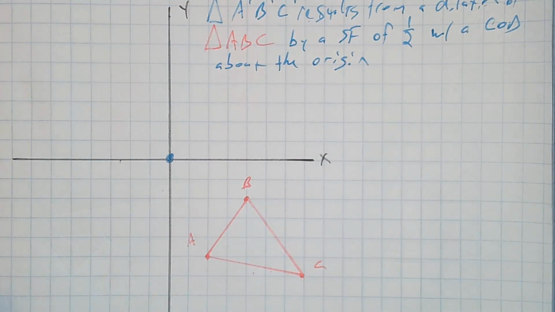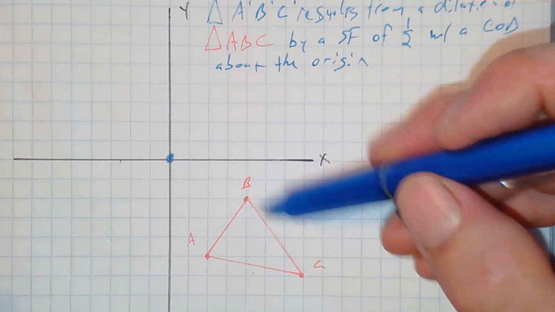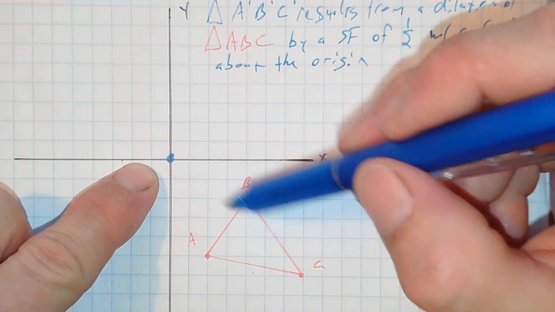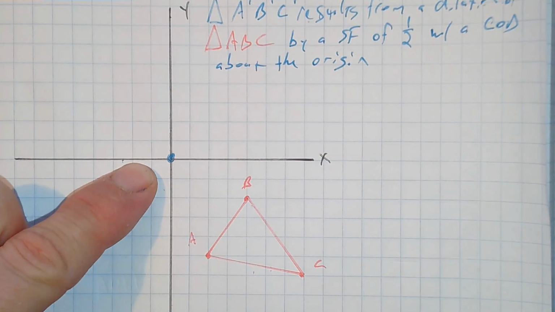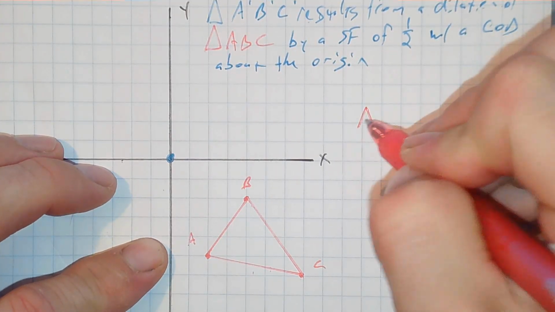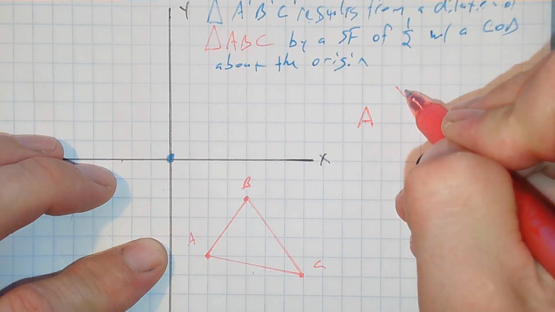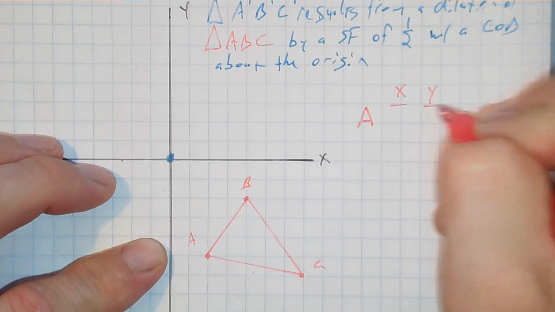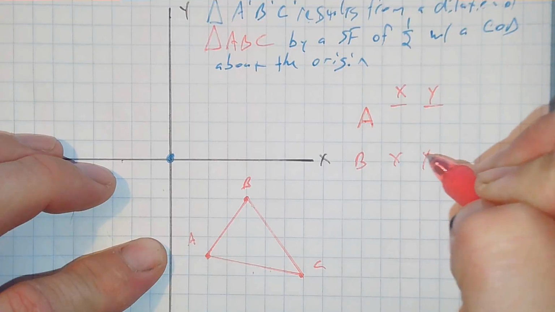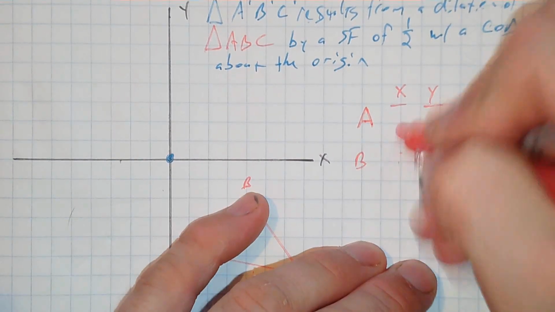Okay, so now I'm not looking at the distance between these ones. I'm looking at the distance between each point and the origin. Okay, so let's look at A in the X and the Y direction. We'll look at B in the X and the Y direction. I guess I don't have to do that again.